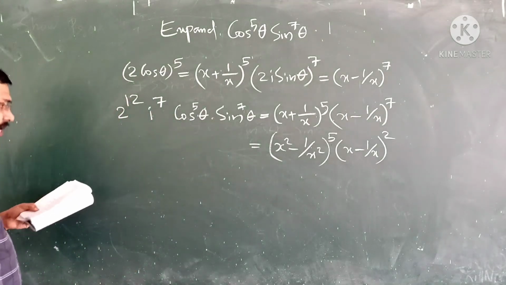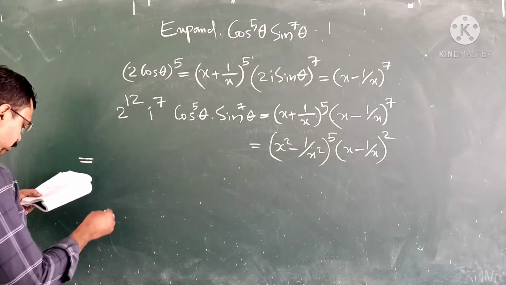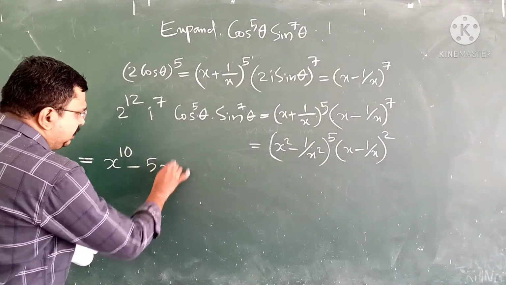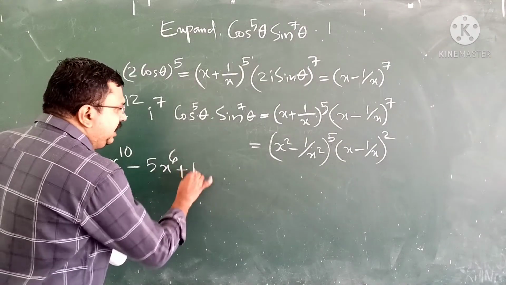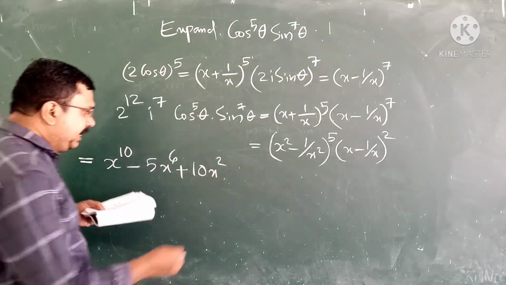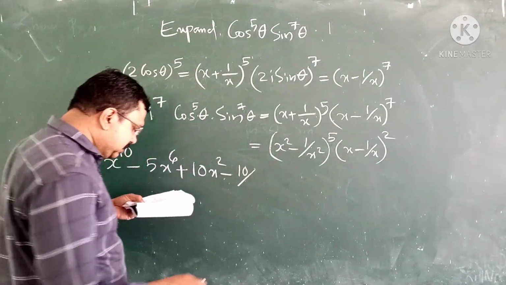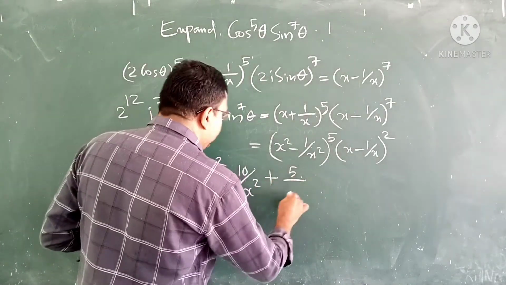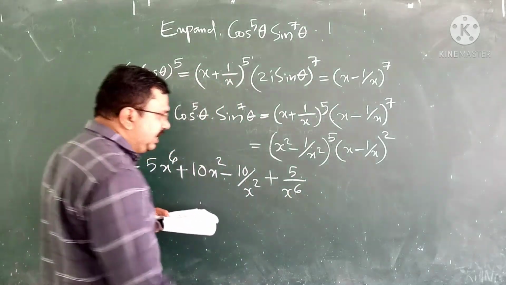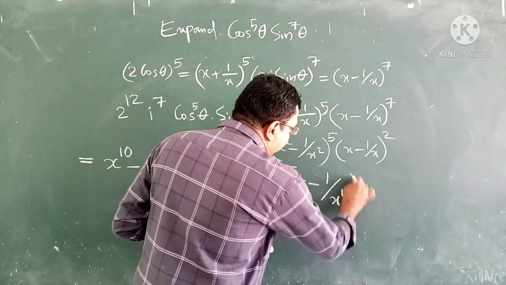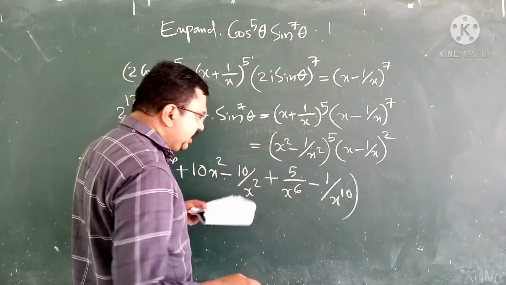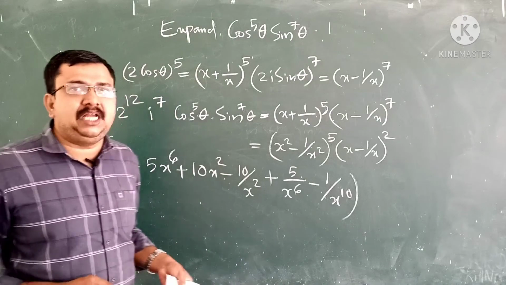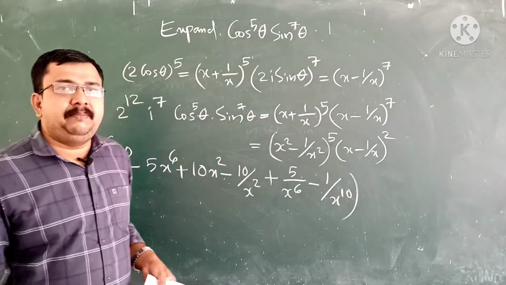which is equal to, when we are expanding, we get x raised to 10 minus 5x raised to 6 plus 10x square minus 10 by x square plus 5 by x raised to 6 minus 1 by x raised to 10 into, next one is x minus 1 by x the whole square, that is of the form a minus b the whole square, that is a square minus 2ab plus b square.